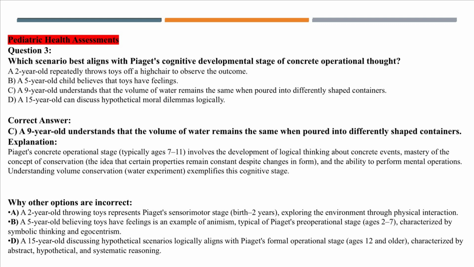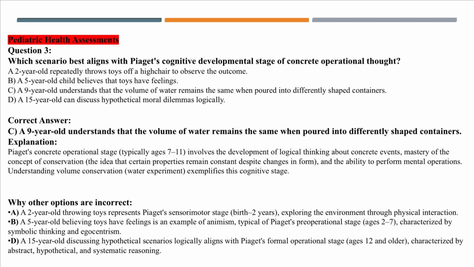Explanation: Piaget's concrete operational stage, typically ages 7 to 11, involves the development of logical thinking about concrete events. Mastery of the concept of conservation, the idea that certain properties remain constant despite changes in form, and the ability to perform mental operations. The water volume conservation experiment exemplifies this cognitive stage. Why other options are incorrect?